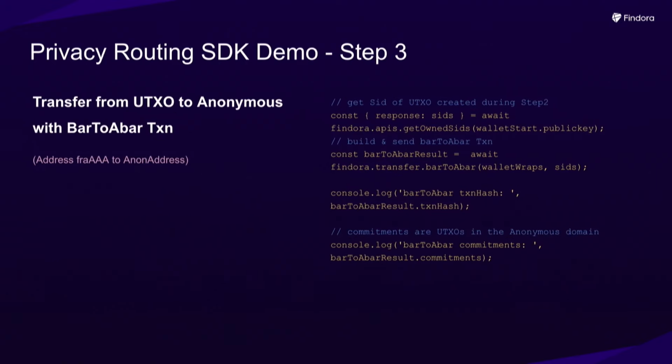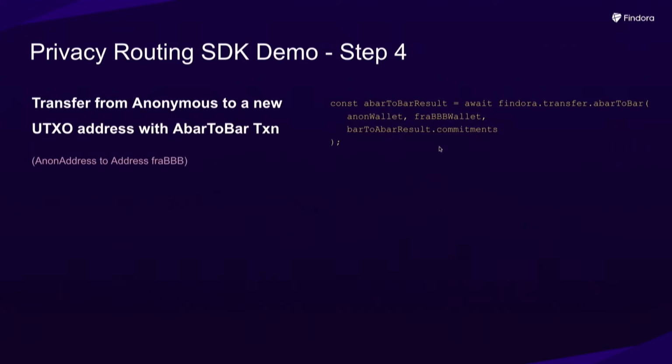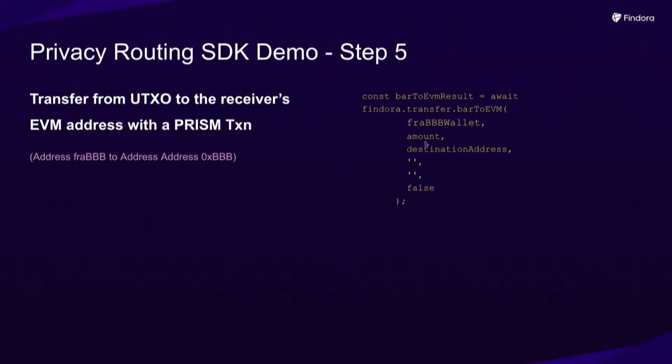Then these are the intermediate EVM anonymous domain transactions, the bar to A bar and the A bar to bar. I'll just skim this over fast. There's a link I can give you for the privacy routing SDK and its implementation later. And finally, when the link is broken, you can send it to the receiver EVM address. So the destination address would be of anyone who's going to receive the original assets.